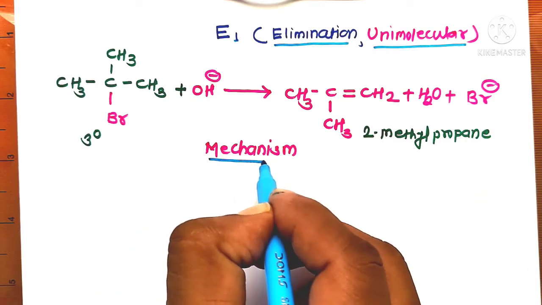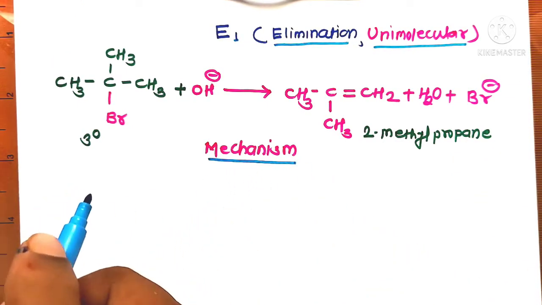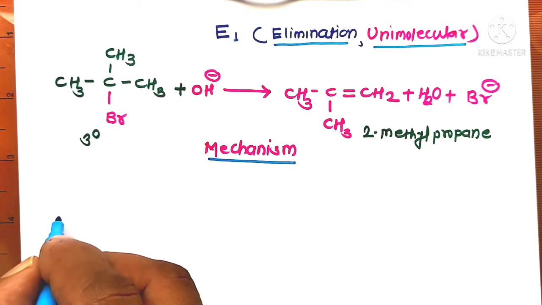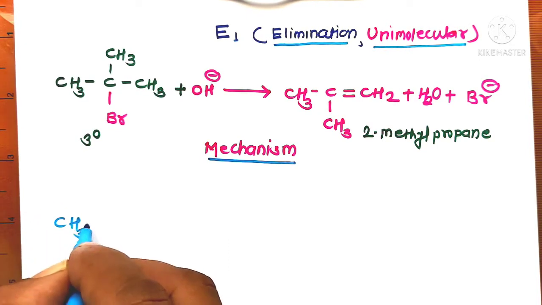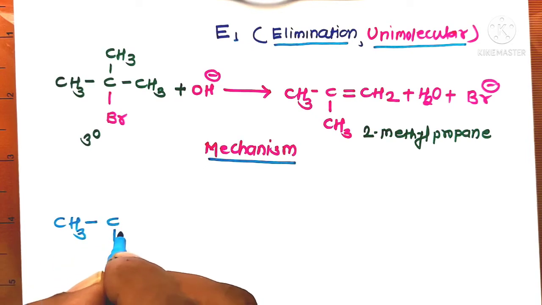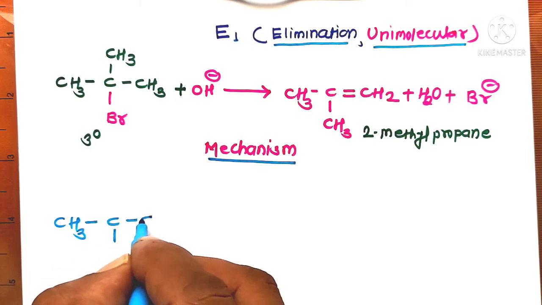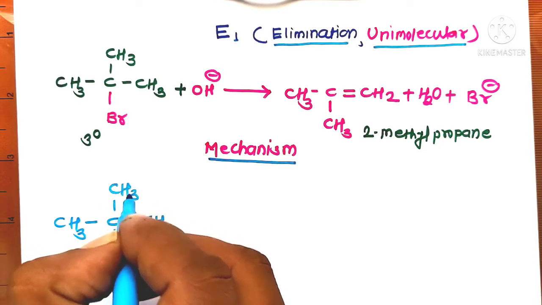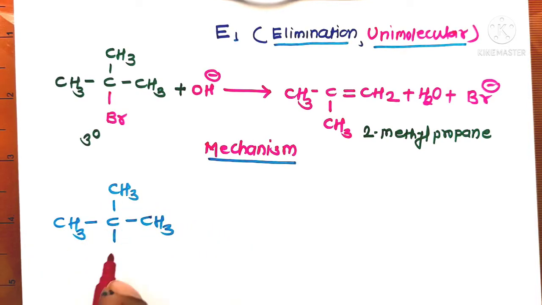Mechanism of the reaction: here the nature of the substrate molecule is a tertiary halide. The central carbon atom is bonded with the Br atom and three CH3 groups.